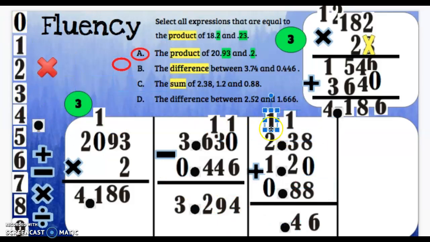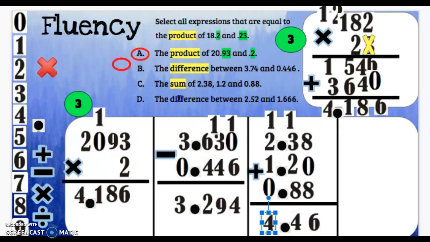Bring up the 1. 1 plus 2 is 3. 3 plus 1 is 4. So we have now our new answer, 4.46. Looking up here, I have 4.186. Not the same. So we're not circling C either.